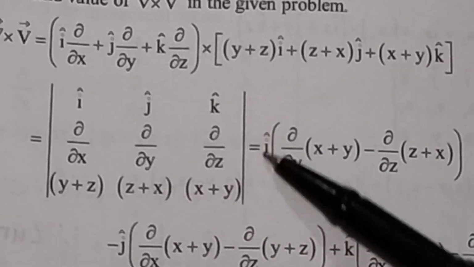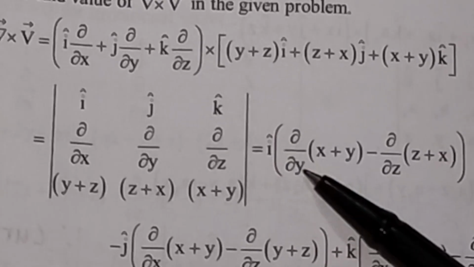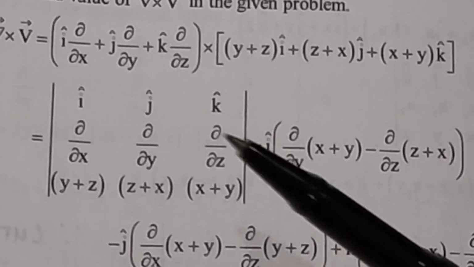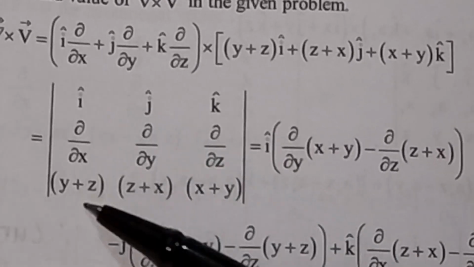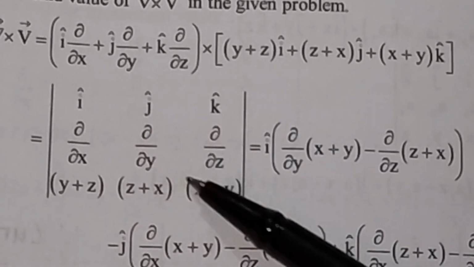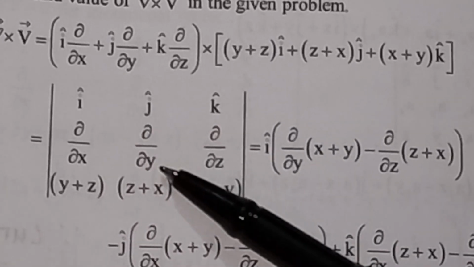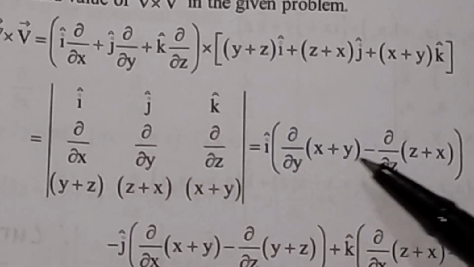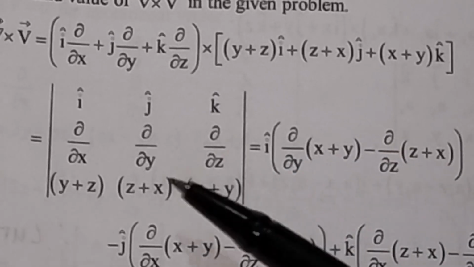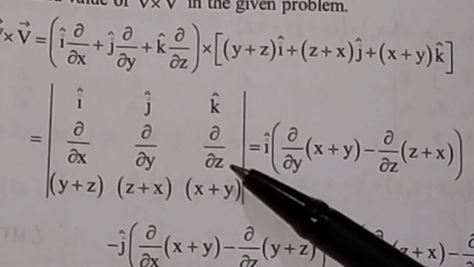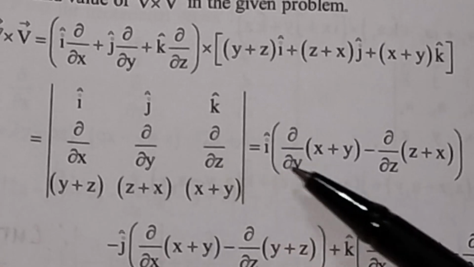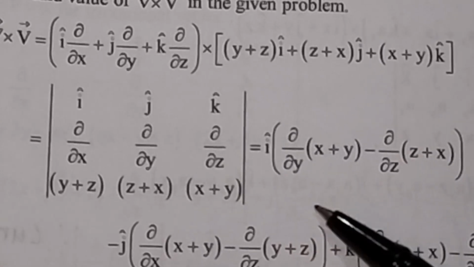If you find the determinant, then for the i cap component, you leave this column and this row. So the first term is partial derivative of x plus y with respect to y, minus partial derivative of z plus x with respect to z, the second term.